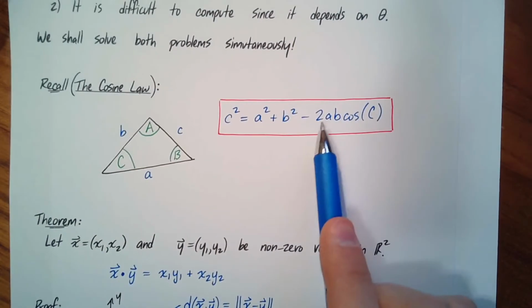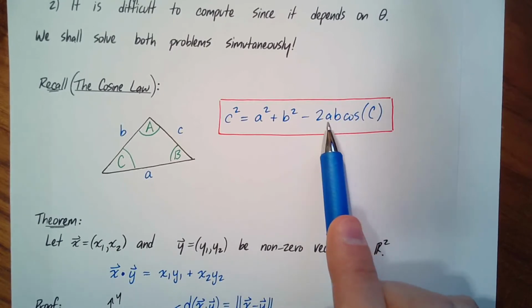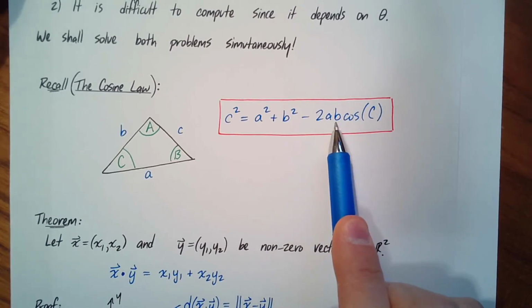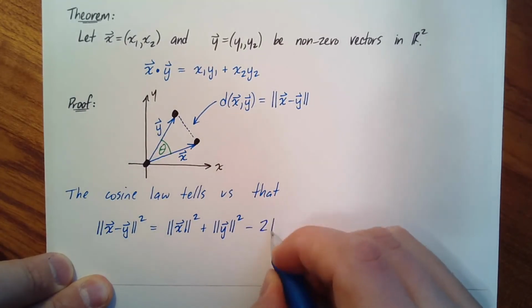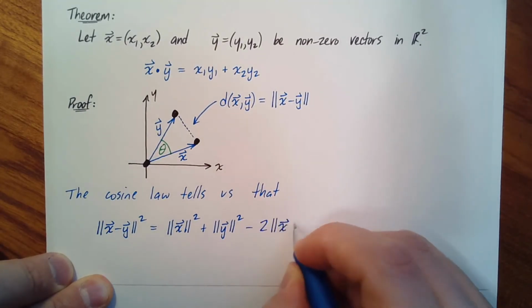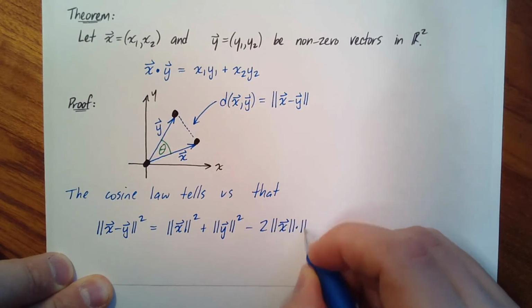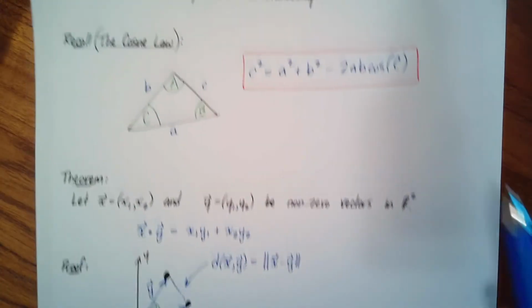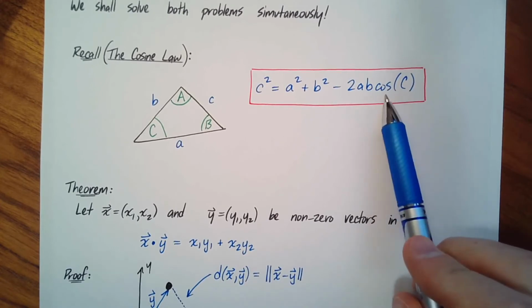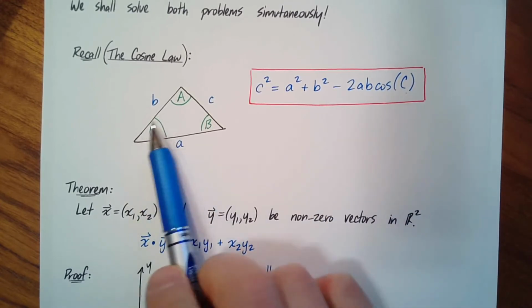But now we still have this minus 2ab. Remember, a was the norm of x and b is the norm of y. So we still have, let's just keep going with that, minus 2 times the norm of x times the norm of y. And then the last bit of that final term, cosine of capital C. Capital C is down here.